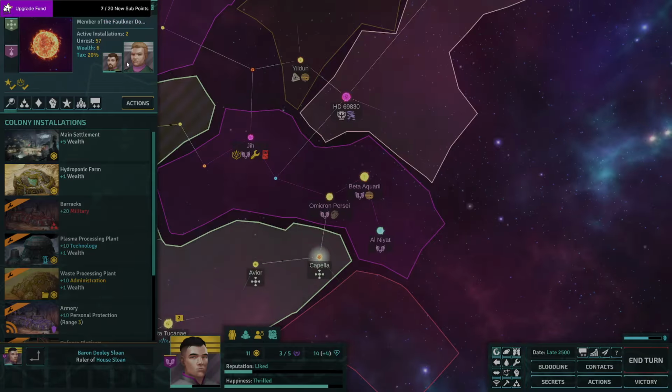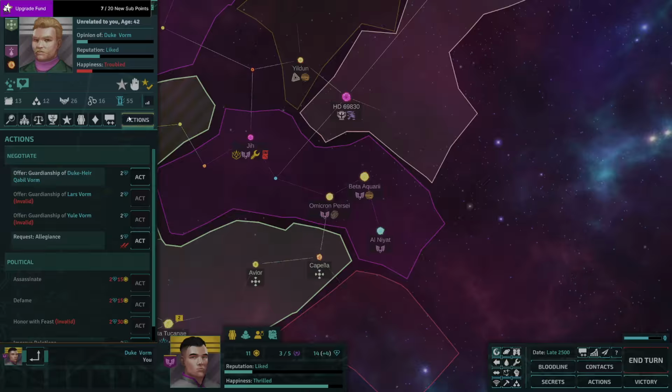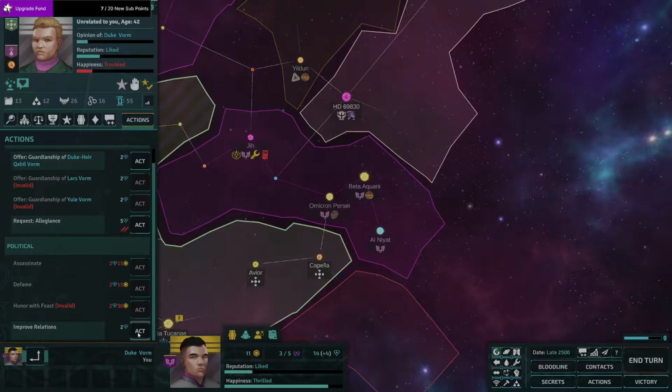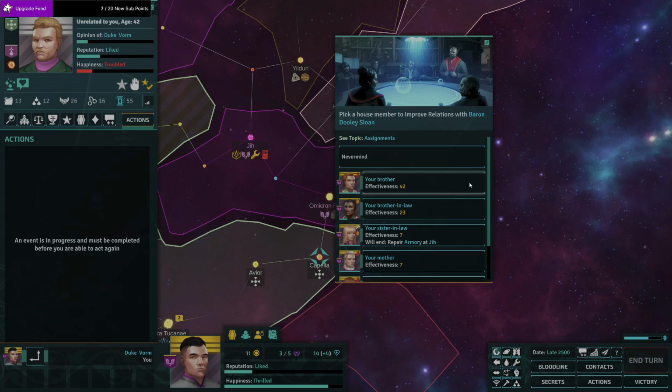So if we go here and we click on the Baron, and then I go actions, we have improve relations. So just consider that when you're dealing with the interface and you hit a situation like that where I had a list of like 80 guys that it wanted me to try to scroll through and pick from without any filters. Just go to the target, click the target, and click actions, and then pick the appropriate one. So we're going to improve relations there.